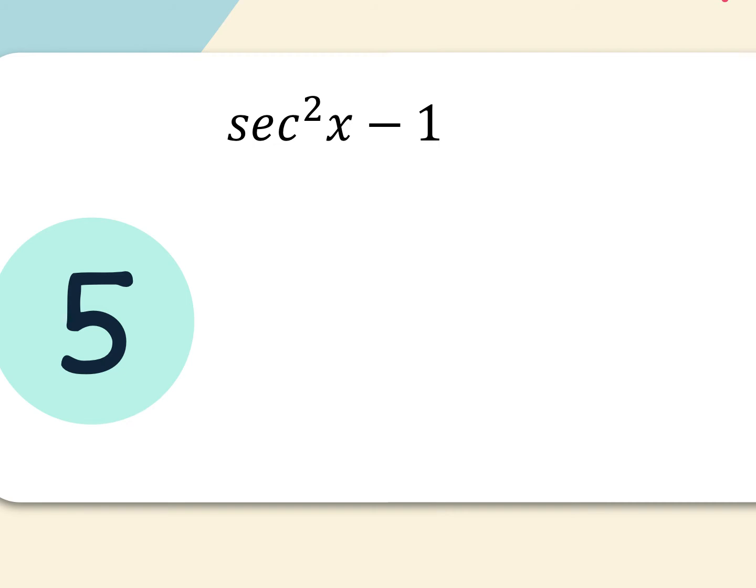For some people, it's easier to use substitution and factor using a different variable. For example, if I said secant of x equals, let's say the letter a, then this would be a squared minus 1. And how could I factor that?